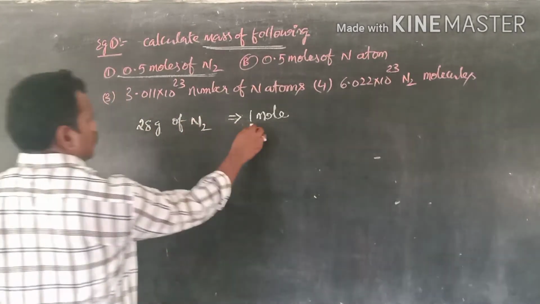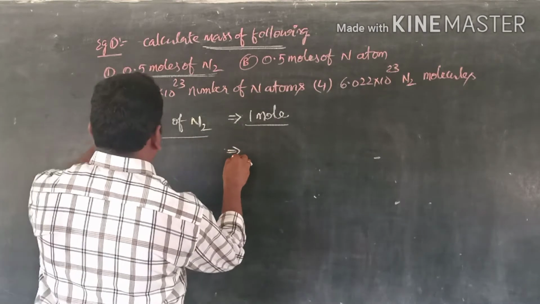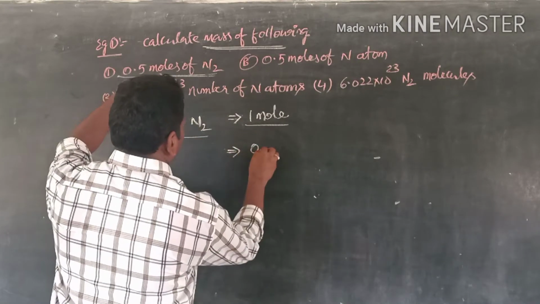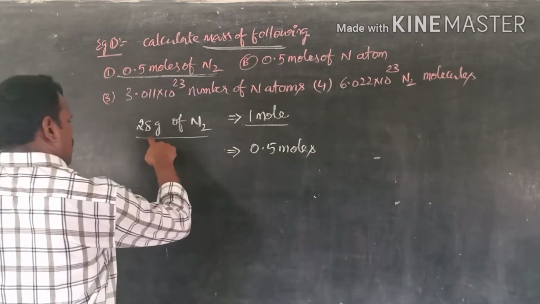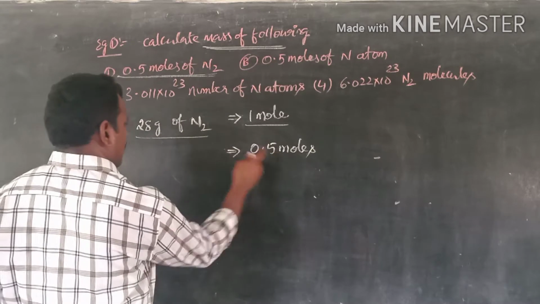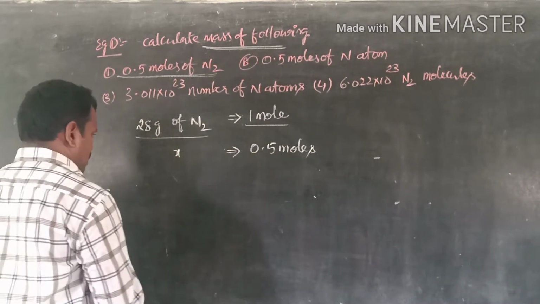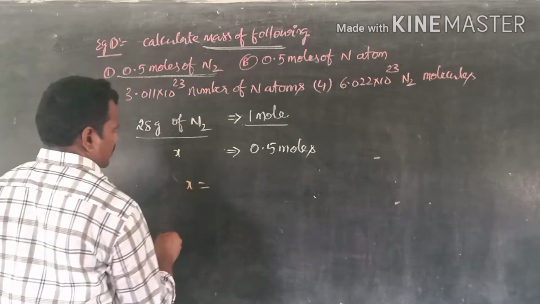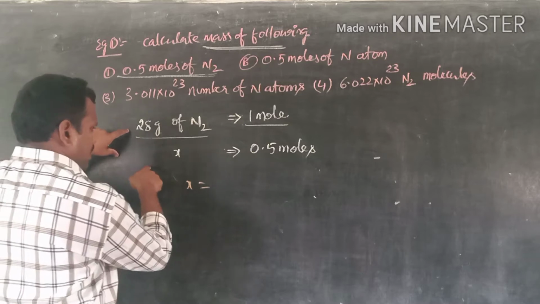So here 1 mole contains 28 grams. This 1 mole of N2 becomes 0.5 moles. Now 1 mole is 28 grams, 0.5 moles is considered as x grams. Now x is equal to, what happens? 1 mole becomes 0.5, 28 grams also will be reduced.